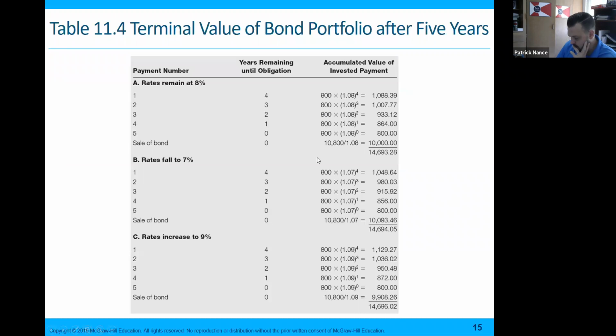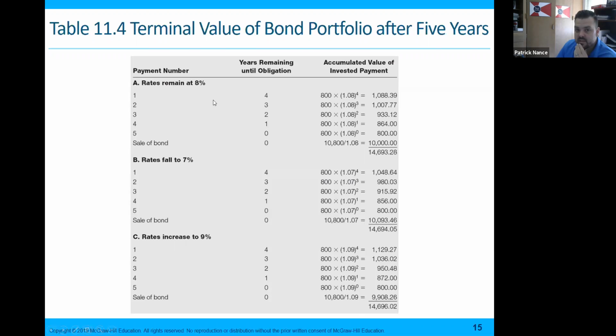This is the terminal value of a 6-year maturity bond portfolio after 5 years, with all proceeds being reinvested. We have 3 scenarios: rates remain at 8%, rates fall to 7%, and rates increase to 9%.